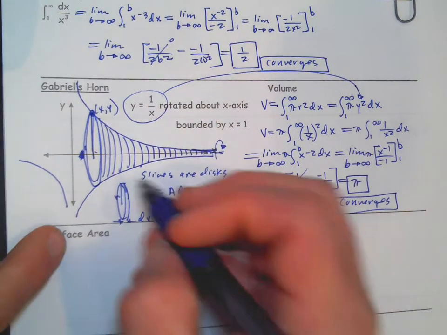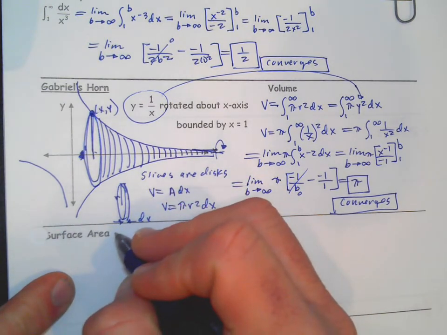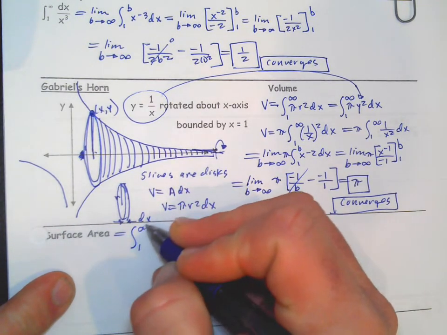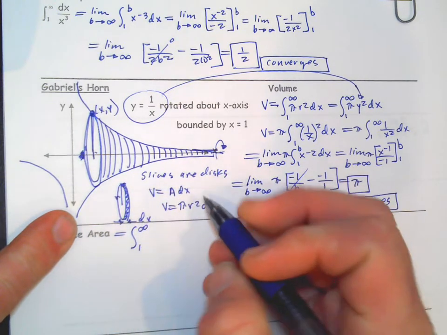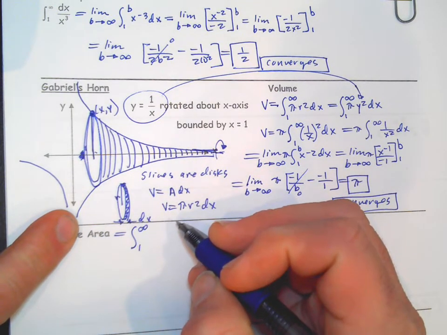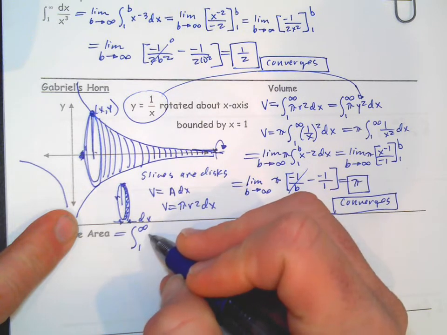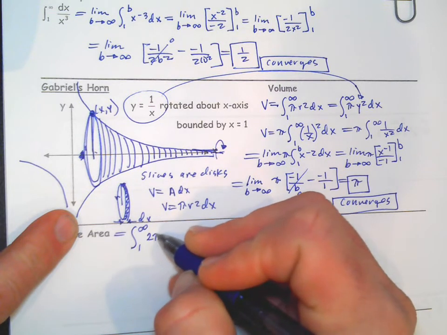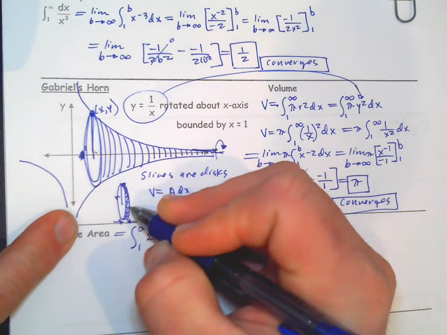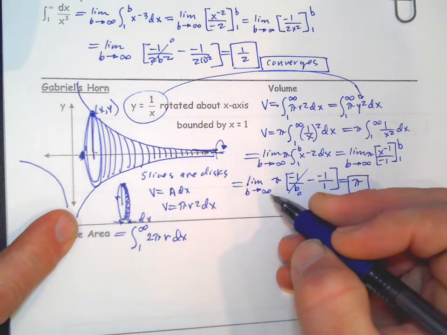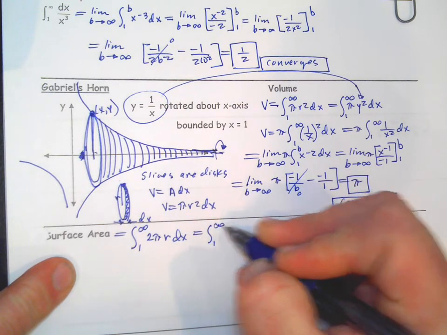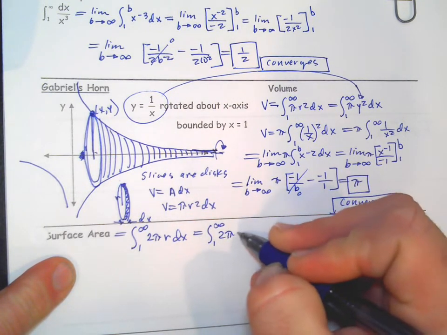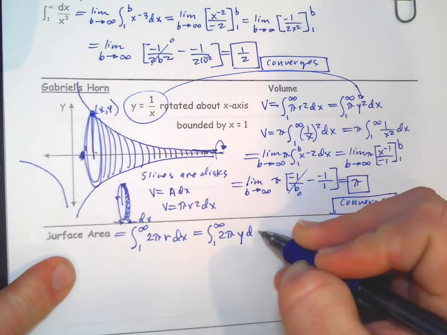Okay, the surface area would be the integral from 1 to infinity, and the surface area would be like this area on the outside of the slice, which is like the area of the sides of a cylinder. So it's going to be 2 pi r, the perimeter, the circumference, times the thickness. That would give you the area of one slice, right? Again, we want to rewrite it in terms of, well, the radius is y.